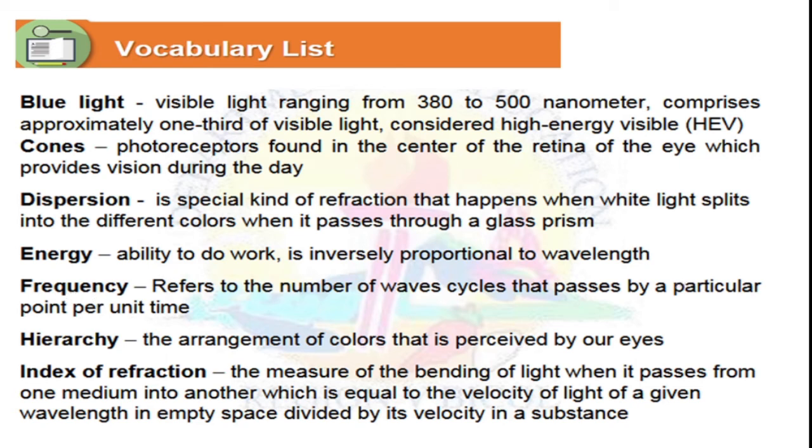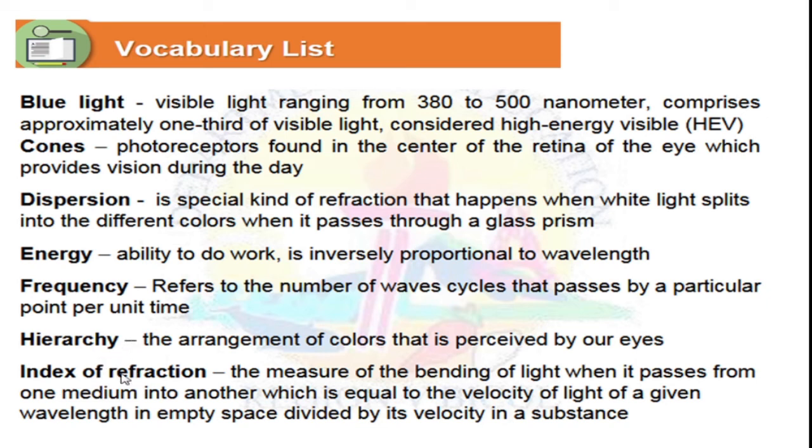Nakita niyo kanina yung itinuro ko, di ba? Hierarchy, the arrangement of colors that is perceived by our eyes. Yung arrangement daw ng colors, di ba? From red to violet. Yung, in other words, ng hierarchy is the ranking.